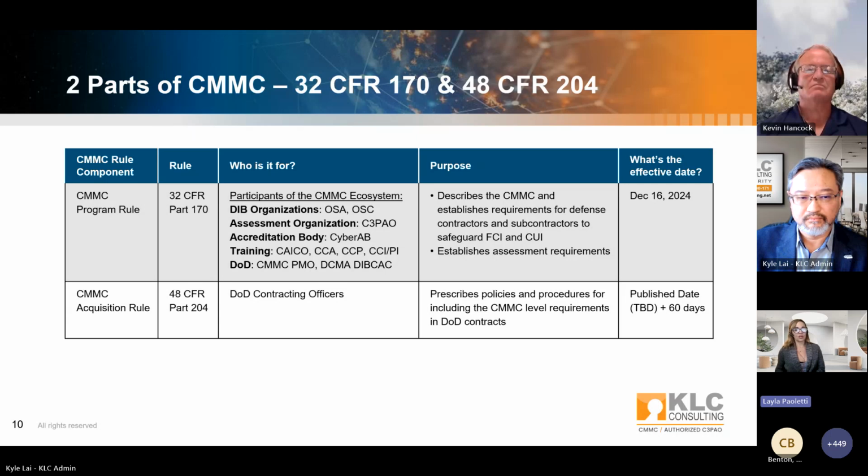And so when will the 48 CFR be effective? Well, the 48 CFR could be published any day. We are anticipating that it will be between now and the end of the year, but perhaps Q1 of 2025. And then that effective date will be 60 days after that published date. So the 48 CFR will be enacted in Q1 of 2025, we believe.